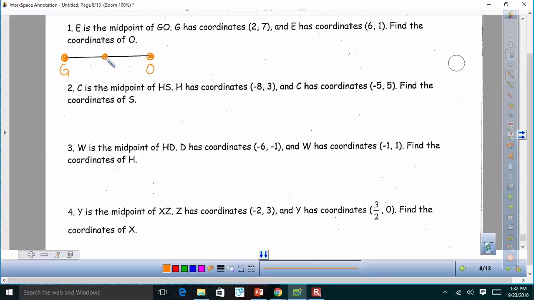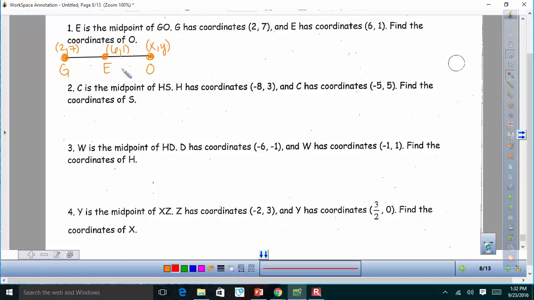Midpoint is E. It tells me that G has the coordinates of 2, 7, and E has the coordinates of 6, 1. And then we want to find this endpoint, so we're going to let it just be x, comma, y.